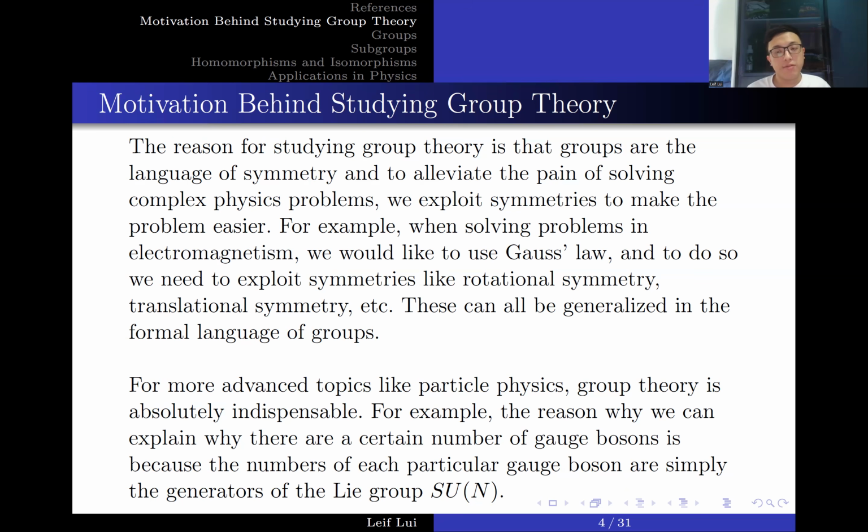For example, when we derive the electric field for a charged cylinder or a charged sphere, we exploit rotational symmetries. When we derive the electric field for a charged infinite plane, we use translational symmetries, and that's how the Gaussian pillbox basically works.